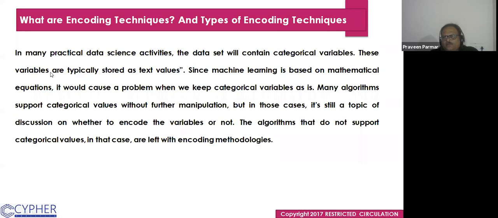The algorithms that do not support categorical values are left with the encoding methodology. Then we have to encode, like for linear regression and logistic regression.